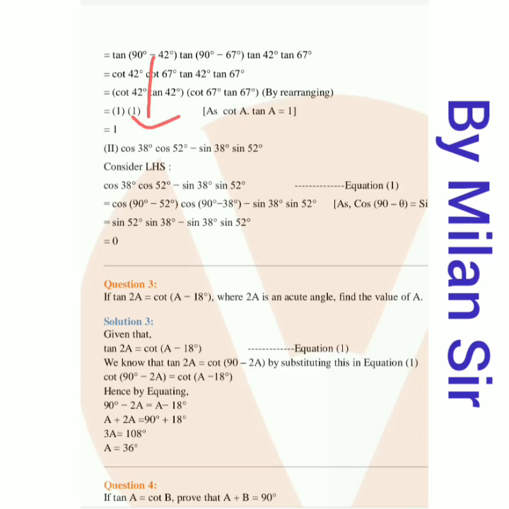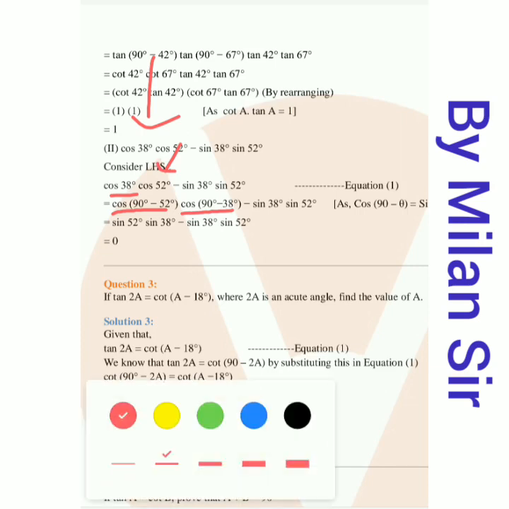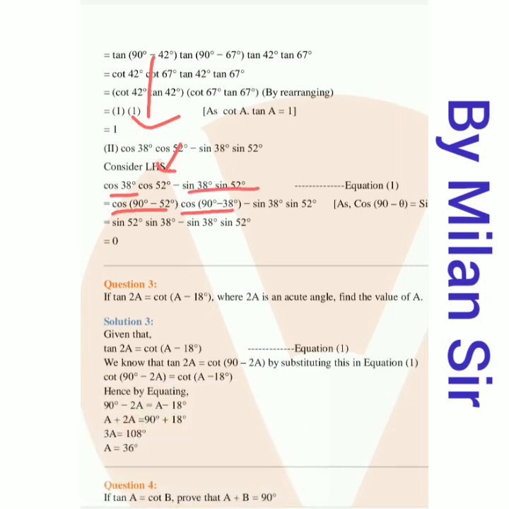So first of all, here cos 38. So in place of 38, I can write like this 90 minus 52, because 90 minus 52 is equals to 38, and then cos 52. So in place of it, I can write like this cos 90 minus 38, because 90 minus 38 is equals to 52, and my second term, that is sin 38 into sin 52 as it is.